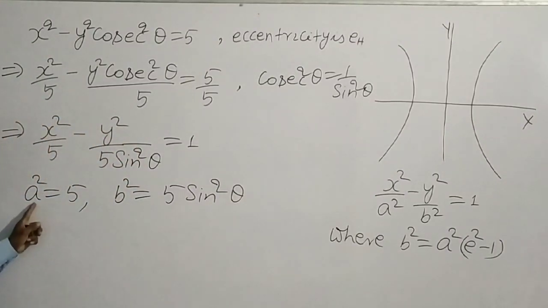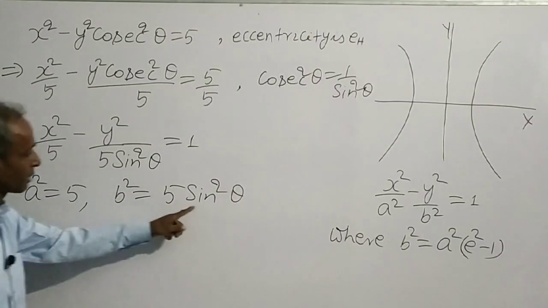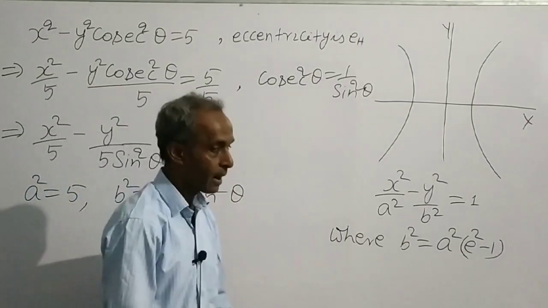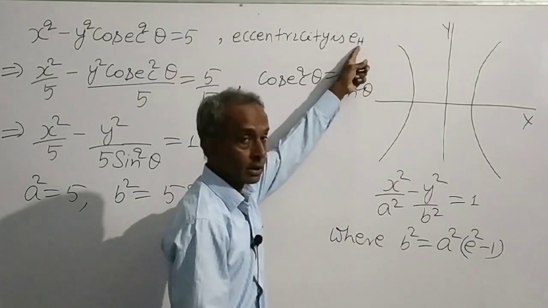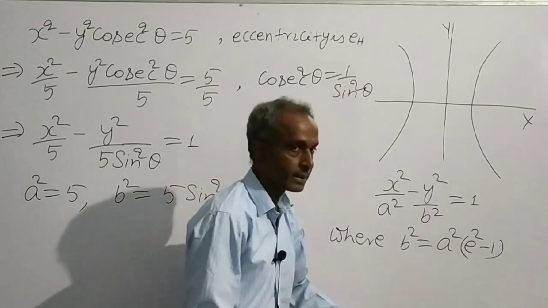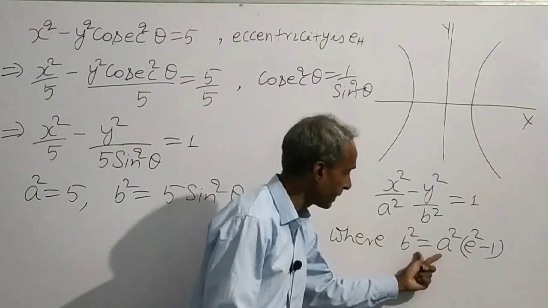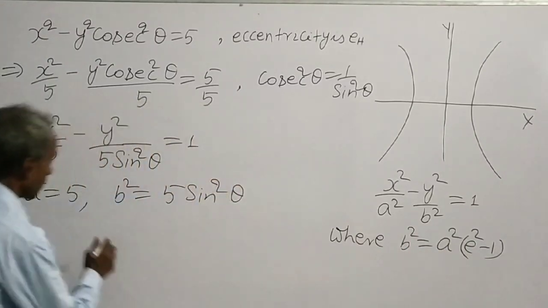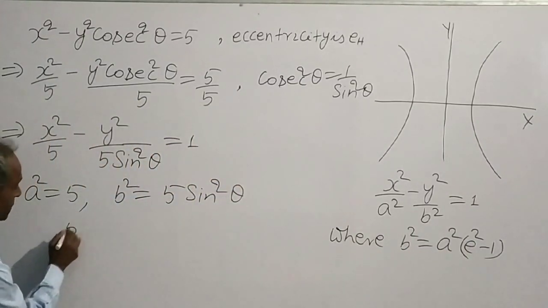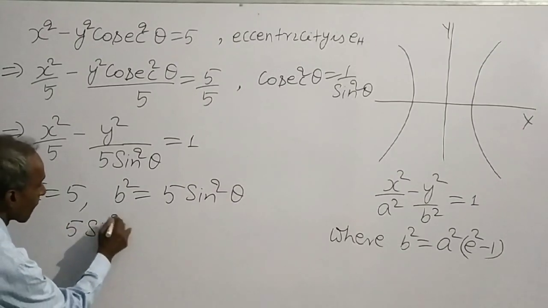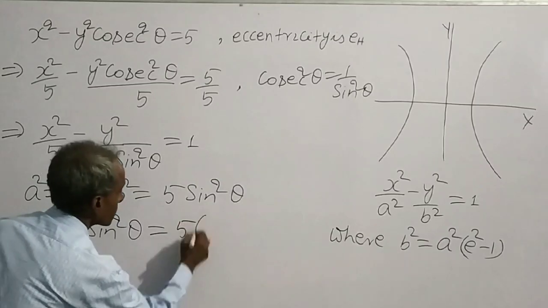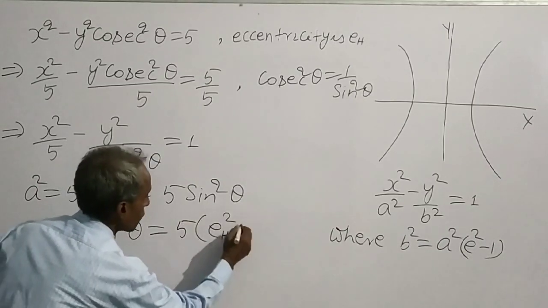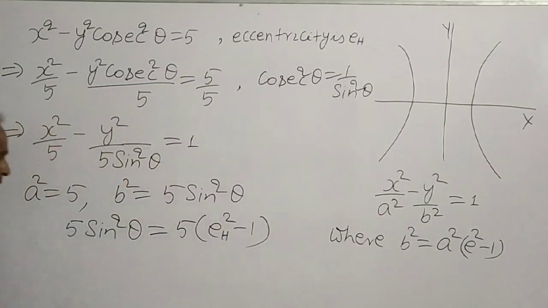Putting this value of a square, this value of 5 sin square theta, and this symbol EH in place of eccentricity E, in this relation we get 5 sin square theta is equal to 5 times EH square minus 1.